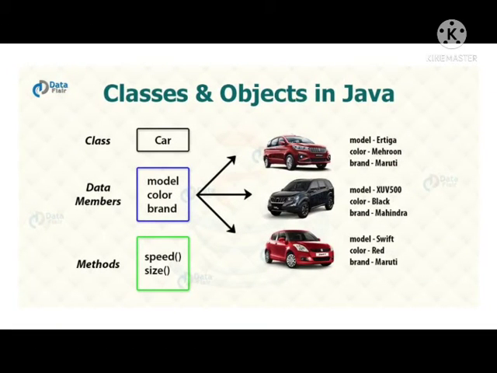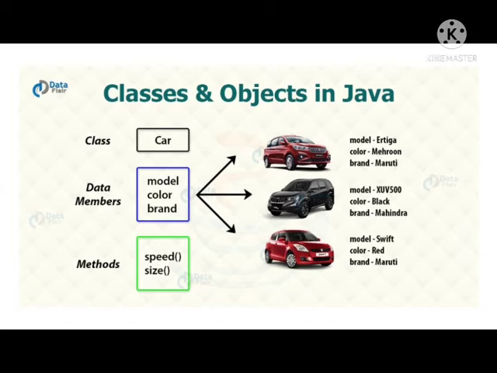Students, let's take another example. Here car is the class, and its data members, or we can say its properties, are model, color, brand, and methods, meaning its behavior, that is speed, the size of each object. So here three cars are there: Ertiga, XUV, Swift.